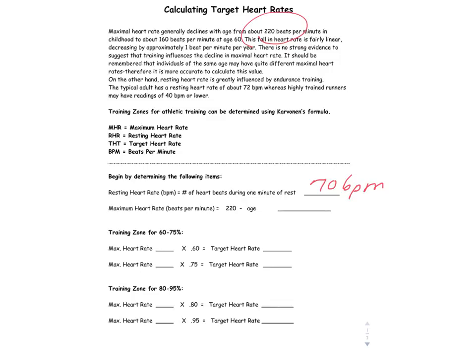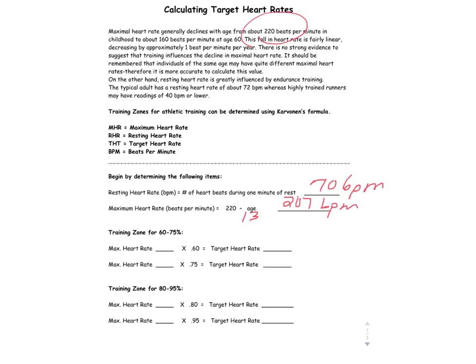In order to calculate maximum heart rate, we use that 220 number and minus the age. Today for you all, we're going to use age 13. So therefore, our maximum heart rate is going to end up being 207 beats per minute.